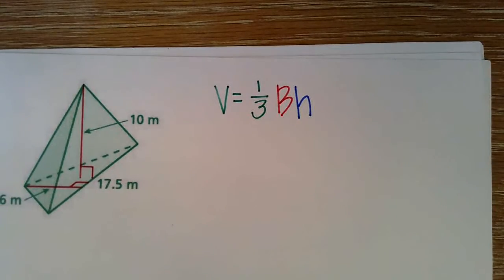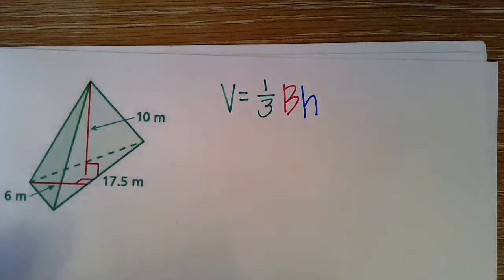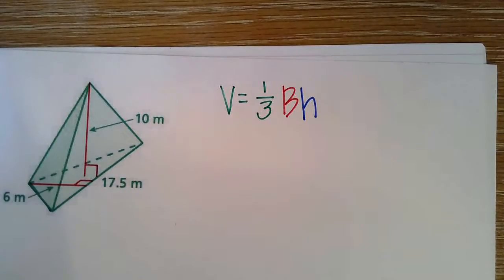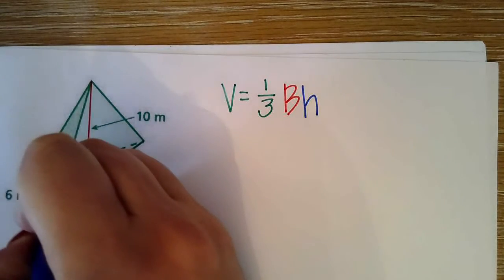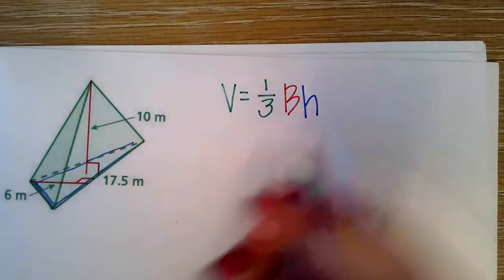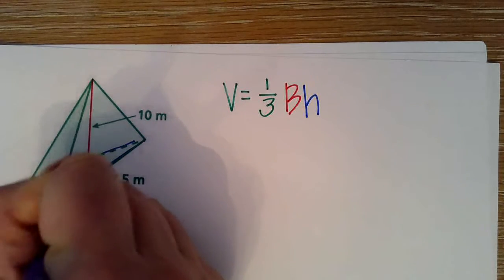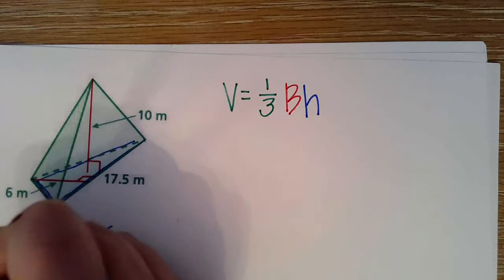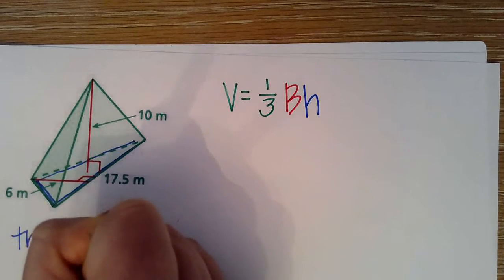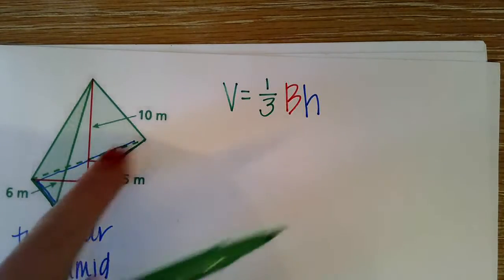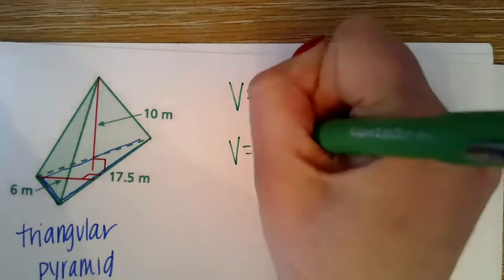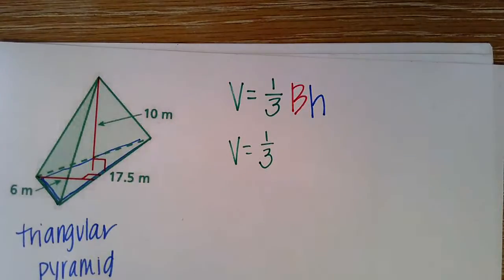This time, we have a triangular base. Ooh, let's use a different color here. This base makes a triangle shape. Therefore, it is a triangular pyramid. Again, I plug into my formula, but this time I'll have to use a different base because it is a triangle. So I start off by writing 1/3. Then I multiply it by my base.